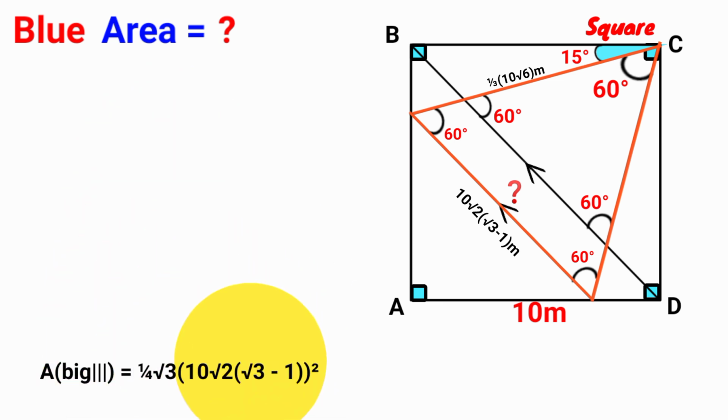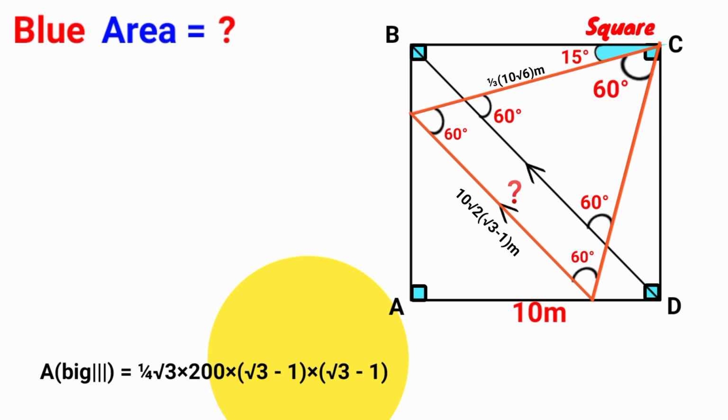10 root 2 open bracket root 3 minus 1 all squared is 10 squared times root 2 squared times root 3 minus 1 all squared. 10 squared is 100. Root 2 squared is 2. 100 times 2 is 200. Root 3 minus 1 all squared is root 3 minus 1 times root 3 minus 1, which is root 3 times root 3 minus 1 minus 1 times root 3 minus 1.